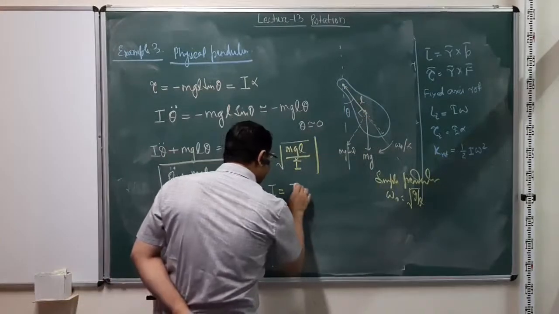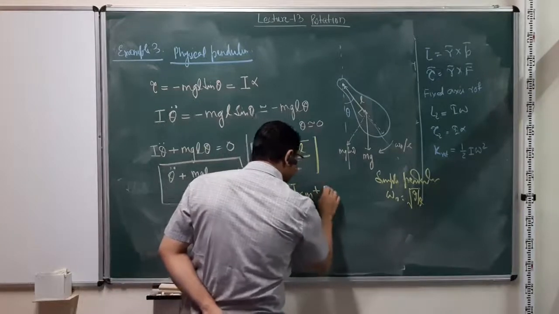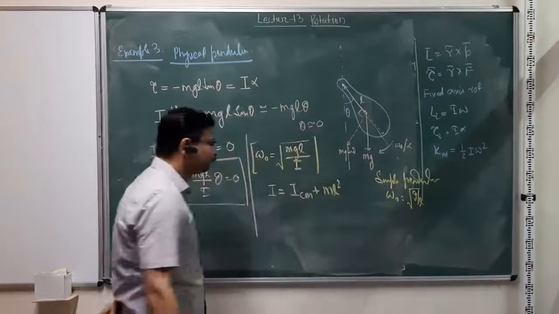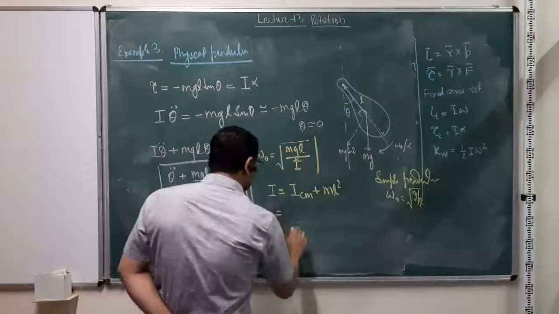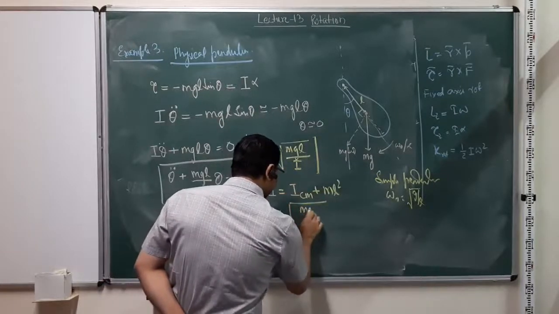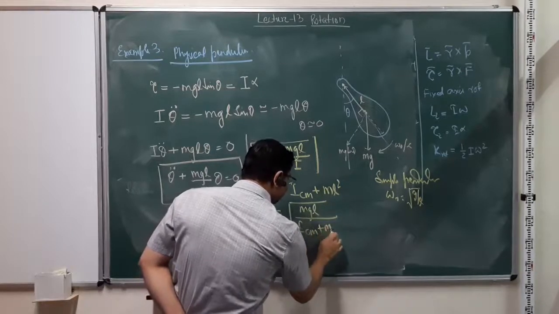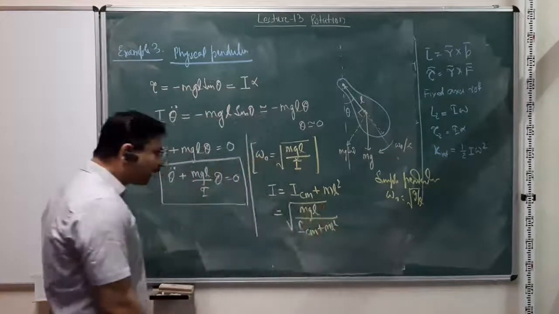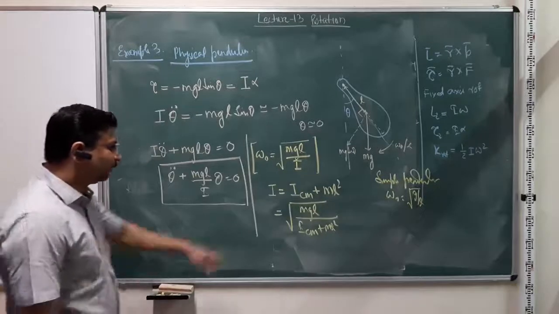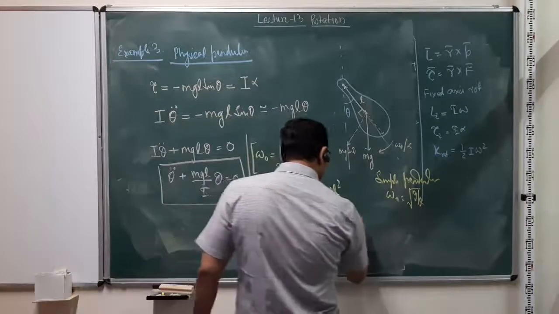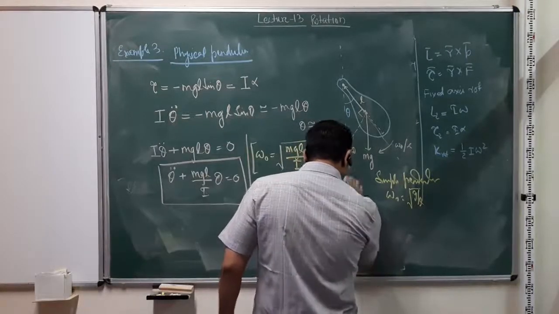So I can write I as I CM plus M L square. In that sense, my natural frequency becomes the square root of MgL over I CM plus ML square, where I CM is the moment of inertia about the center of mass.